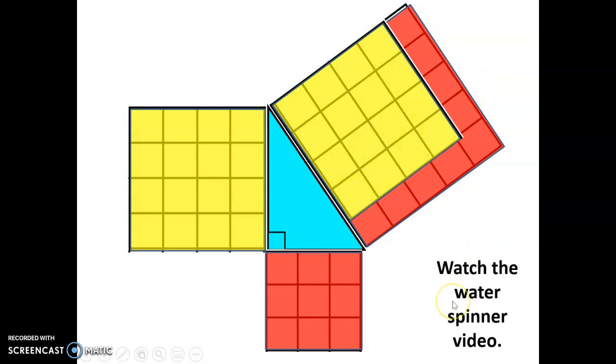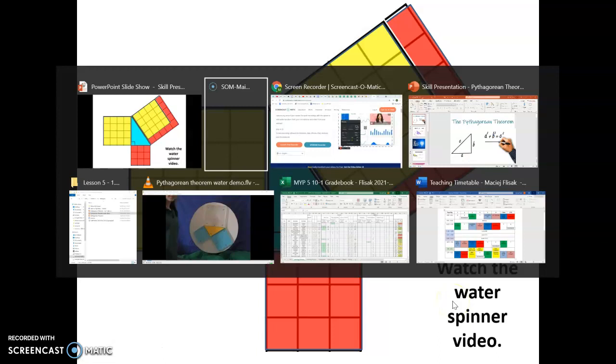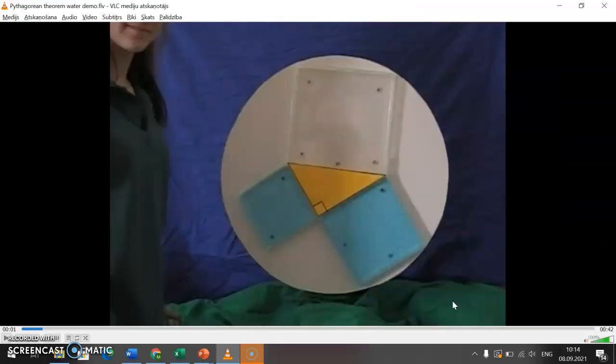Okay, let's look at the idea of these two squares filling this hypotenuse square in a different way. So I have a water spinner video. Check this out. This is a really cool thing somebody built, and we have a similar thing. So we have a right triangle here, and here is one leg and another leg, and we can see there's a square built off of that leg and a square built off of that leg. So this leg squared and this leg squared. Now, what's in there? There's actually a blue liquid in there.